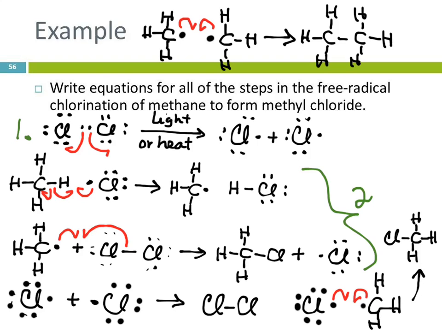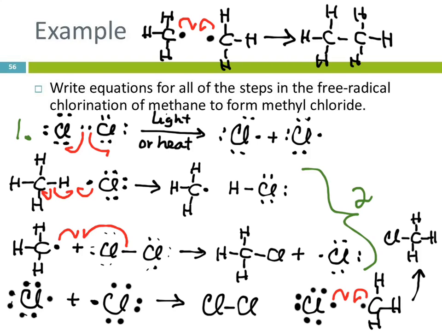Chain terminating, you've got two radicals coming together and taking each other out. Because there are two different radicals, you've got different possibilities. You've got the methyl radical with another methyl radical. You have a chlorine radical with a chlorine radical, so two alike, and then you have the possibility of two different ones combining.